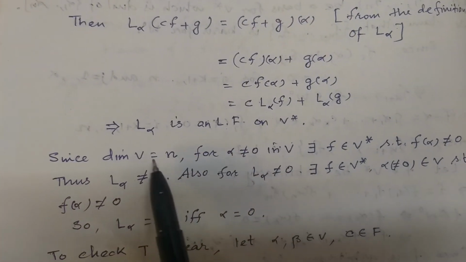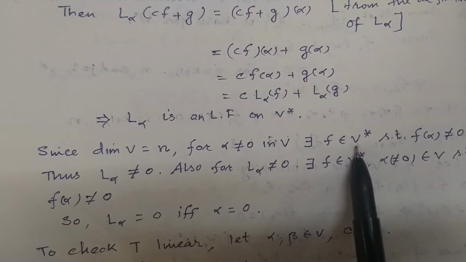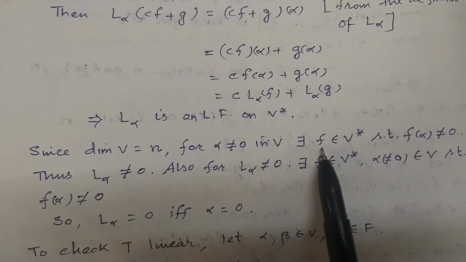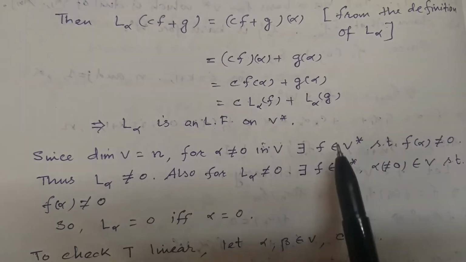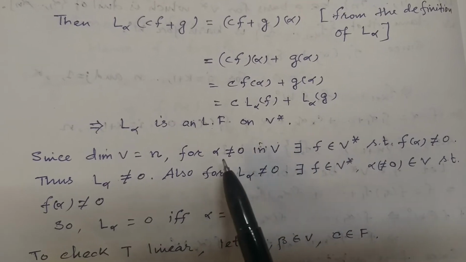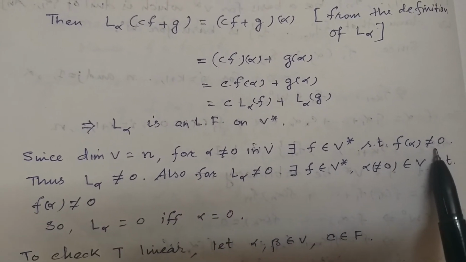look at this, since the dimension of V is n, definitely the dimension of V star will also be n. So you must get a non-zero element in the basis of V star. A non-zero element in V star means it will take some non-zero element alpha to some non-zero element.